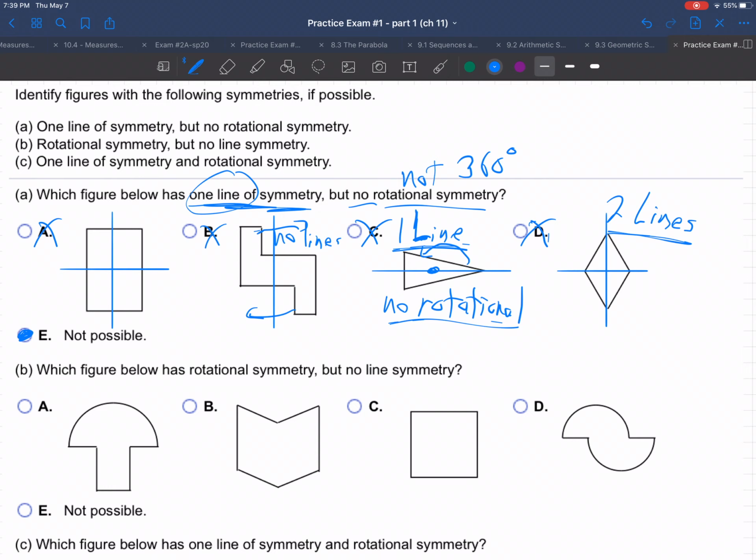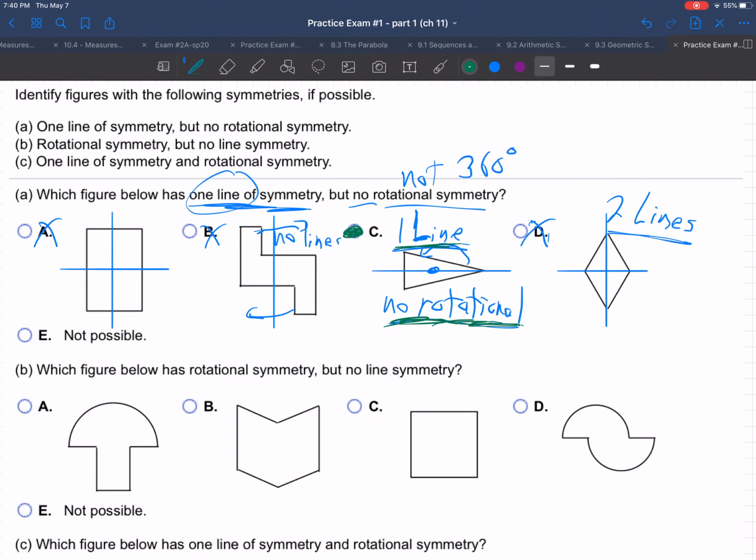The answer is E here. Oh wait, I'm sorry, I'm getting confused, aren't I? Let's try this again. The answer was C. That was perfect, wasn't it? I'm being crazy. C is it. No rotational symmetry, one line of symmetry. The answer is C. That's perfect.